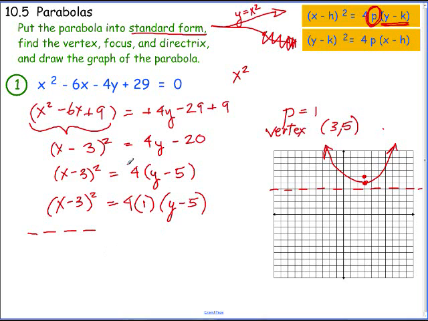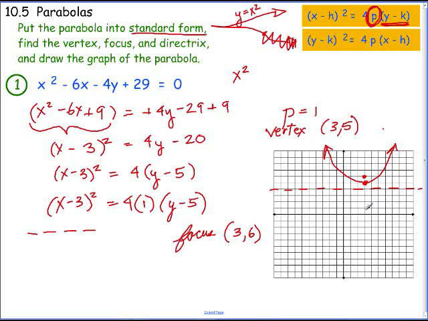So did I find everything I needed to find? I got the vertex. Oh, I didn't identify the focus. What's the point where my focus is? 3 and 6, right?